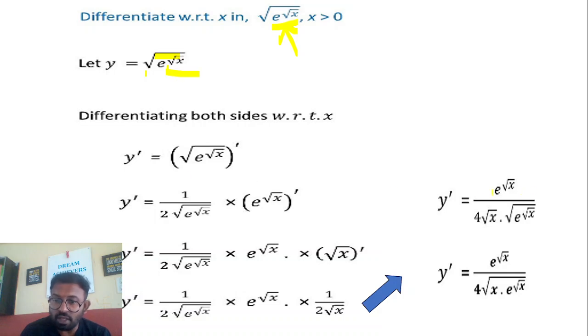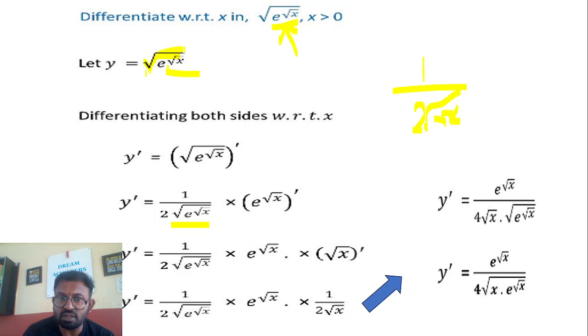So, as I know, root x differentiation is 1 by 2 root x. Okay, it is the standard one. Root x differentiation is 1 by 2 root x. So, here I am having root of e power root x. So, root of e power root x differentiation is 1 by 2 root of e power root x.